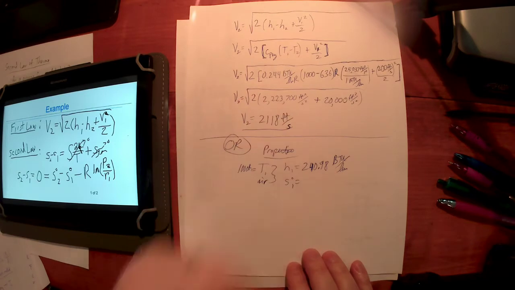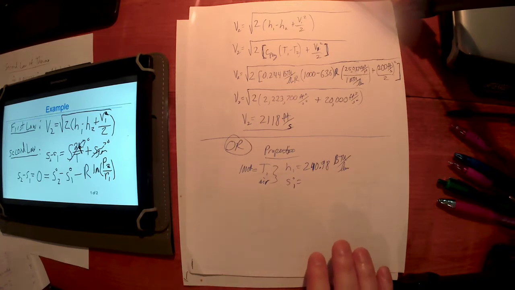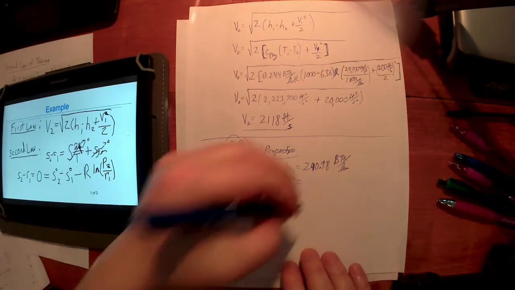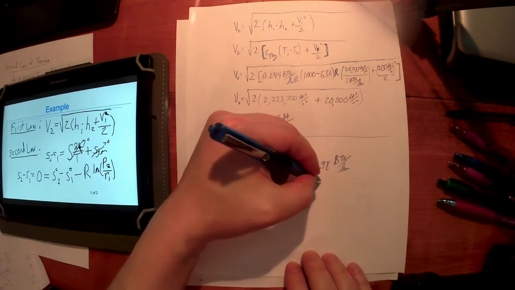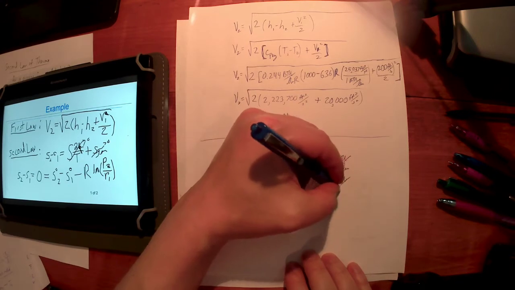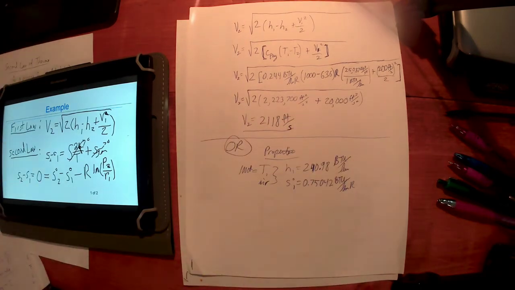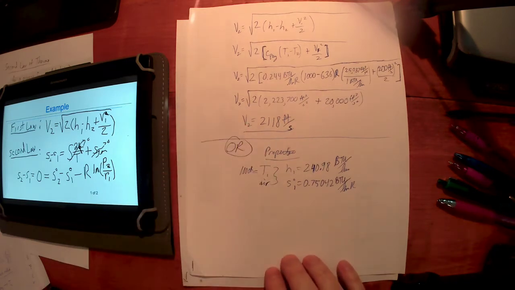And then s degree 1, I do have a row for 1,000 here, 1,000 Rankine. Looks like s degree 1 is 0.75042. This is going to be BTUs for every pound mass Rankine. Okay? Now, what the heck are we going to do with that?